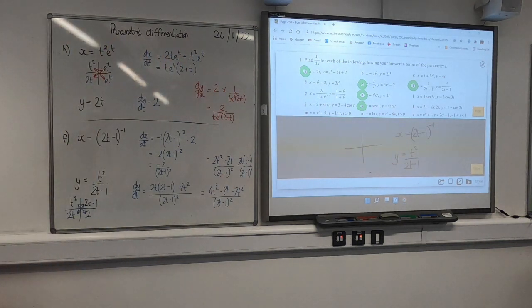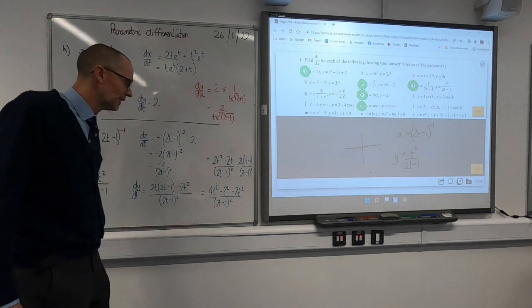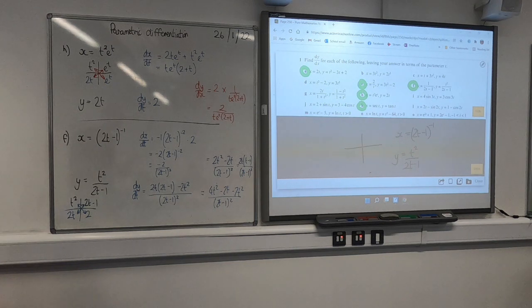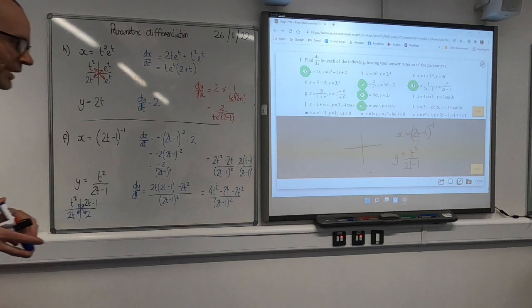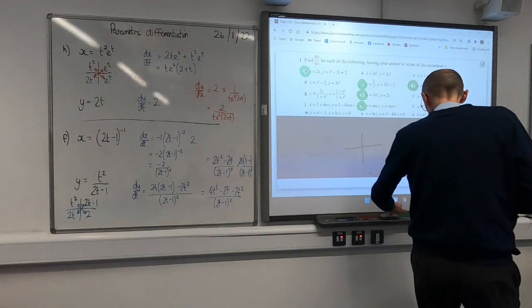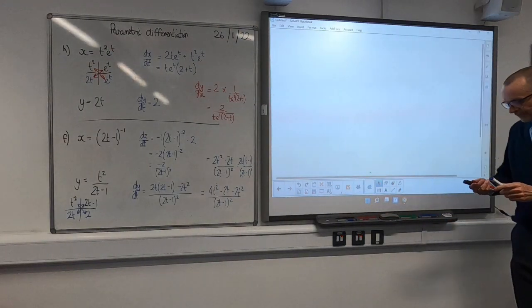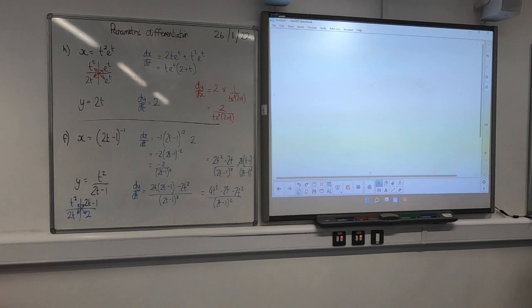Again, some of you will understand why I'm bothering to do that, but you know, I haven't touched the denominator, but I think there is value in getting the numerator as simple and as factorised as I can.